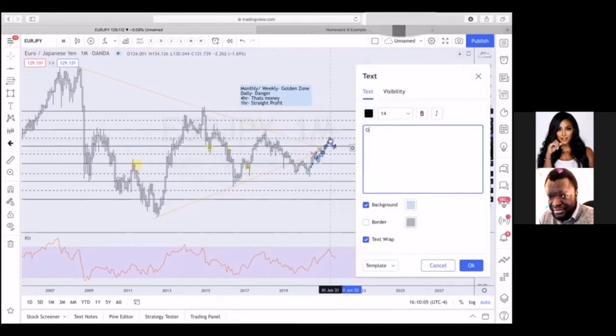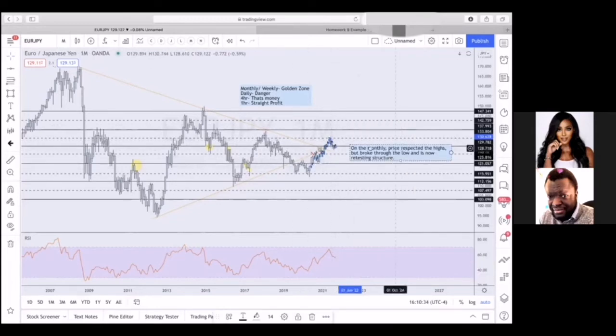So I'm just going to write on the monthly: price respected the highs, but broke through the low and is now retesting the whole structure.